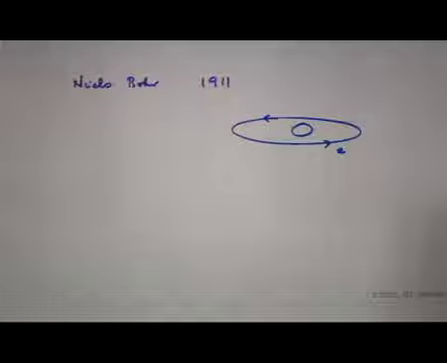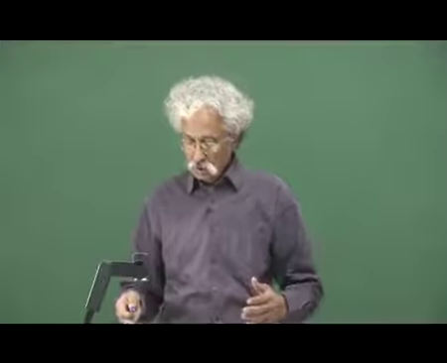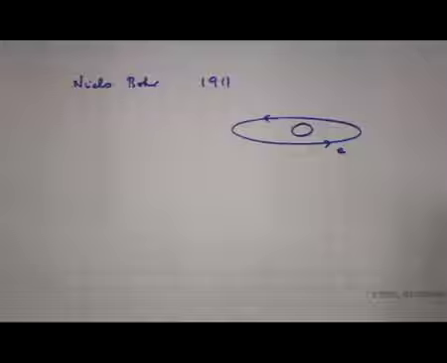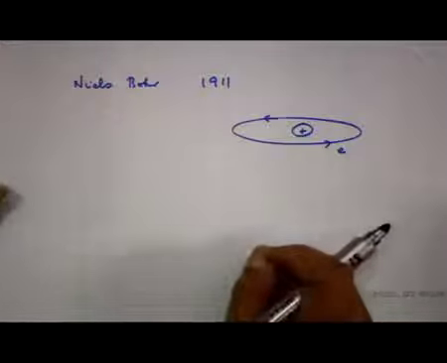Please remember, to describe the atoms I need quantum mechanics, which is beyond the scope of this course, but in a simple picture I can assume that the atom consists of a positively charged nucleus at the center, and the electrons are revolving around the nucleus.